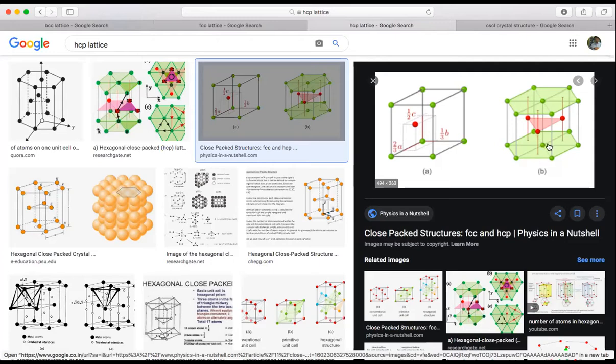On the other hand, now suppose in the third plane, instead of having atoms exactly above the atoms in the first plane, I had put atoms above the centers of the other 3 triangles here. Then that plane would have been different from the first plane and different from the second plane, but it would still have been a hexagonal sort of lattice. So then the stacking would have become A, B, C, and the fourth plane could have been the same as the first plane.